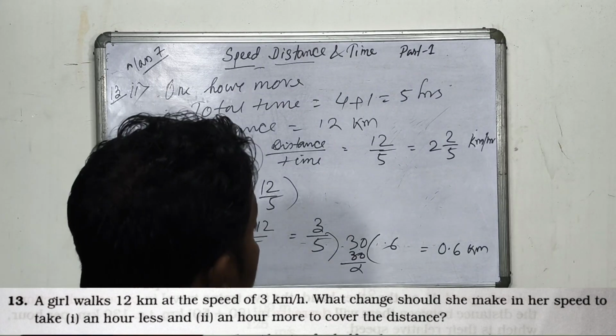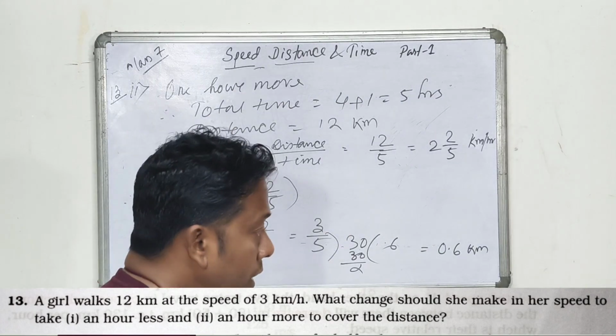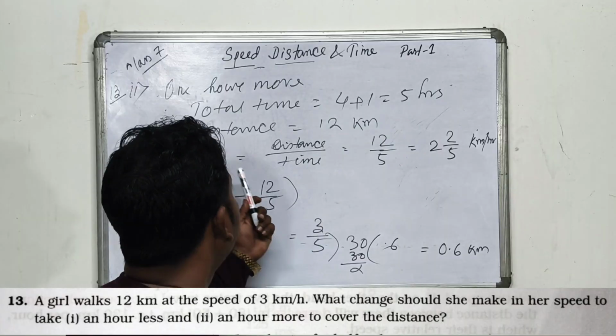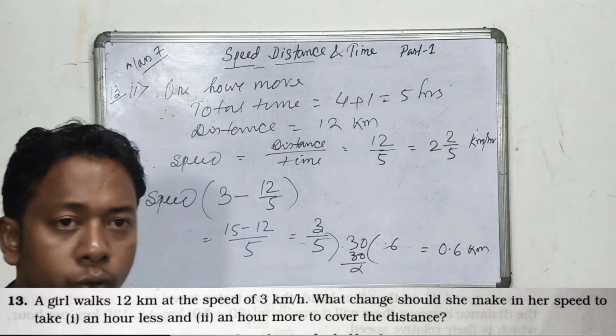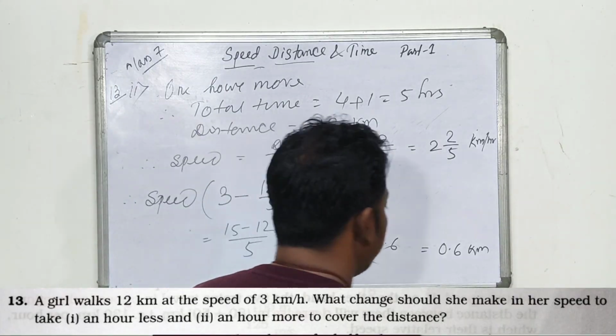If she reduces the speed by 0.6 kilometer per hour, then in 5 hours the girl covers the 12 kilometer distance. Clear?